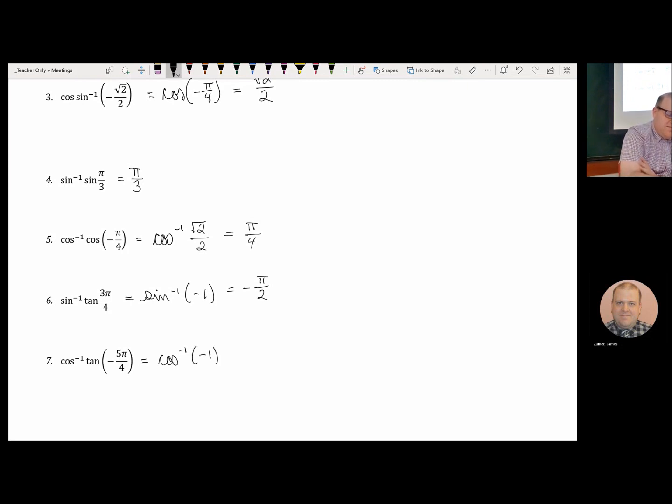Co-terminal. Now, what is the inverse cosine of -1? Cosine is -1 on the negative x-axis, which has an angle of pi.